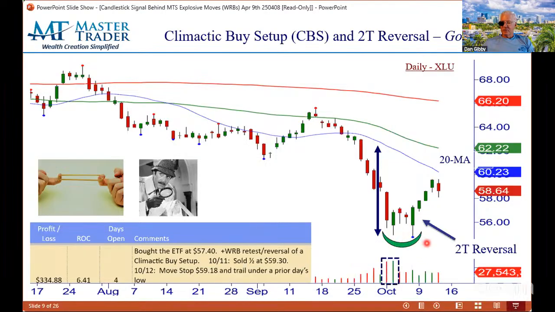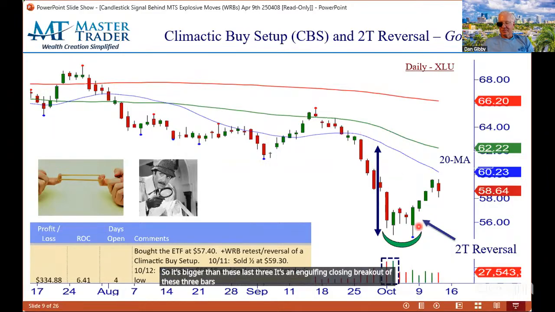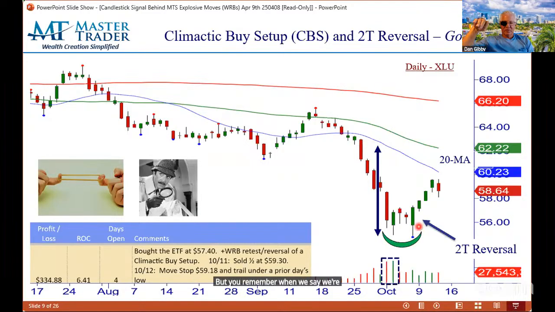After making a new low, look at the range of this bar, a big bar. So it's bigger than these last three. It's an engulfing closing breakout of these three bars. And we haven't defined it yet. I should have. But you remember when we say we're pattern-based traders and I need a pattern and I need a price void?